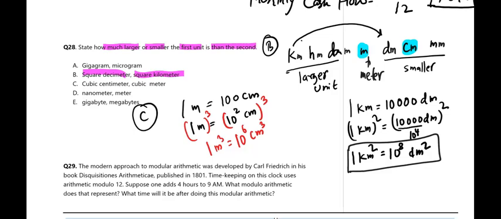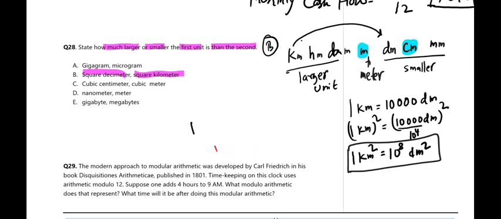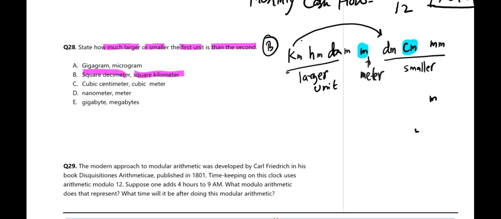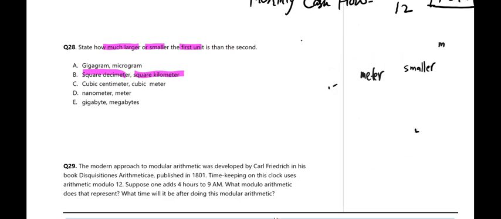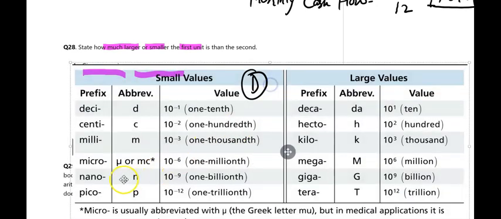Okay, part D. Let's do part D here. Part D is about nanometer and meter. Nano, let's see the chart here. Nano is 10 to the power negative 9. And meter is just meter, right?